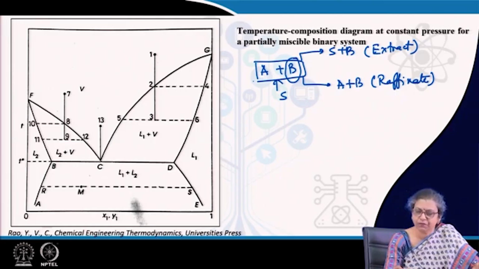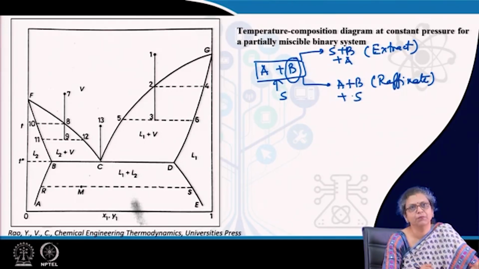So, no matter whatever solvent you select, in the extract phase there will be some amount of A, and in the raffinate phase there will be some amount of S.